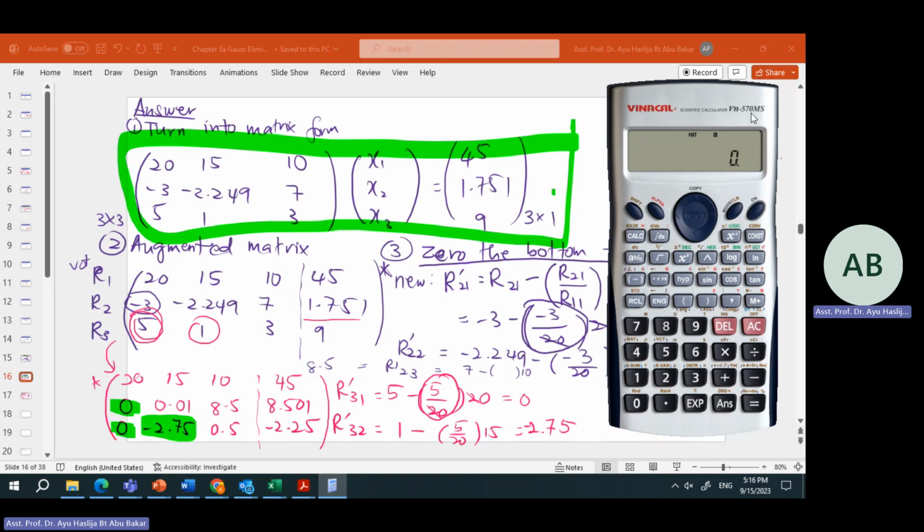I'm using this version of calculator. First thing you need to click the mode until you find matrix. Press 2. It will appear MAT up there.